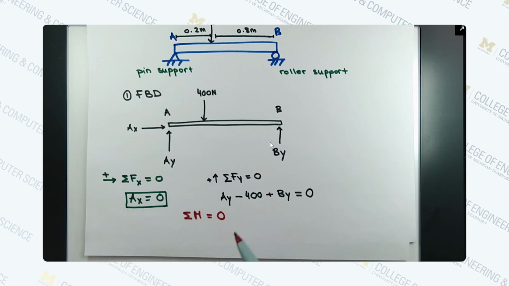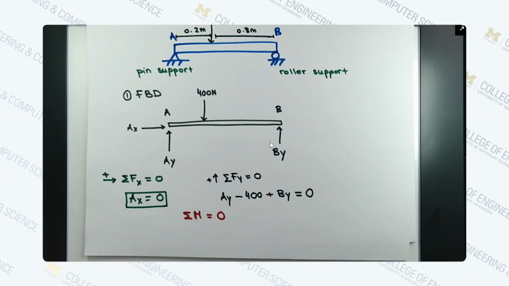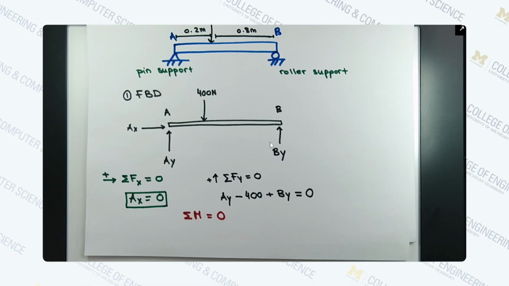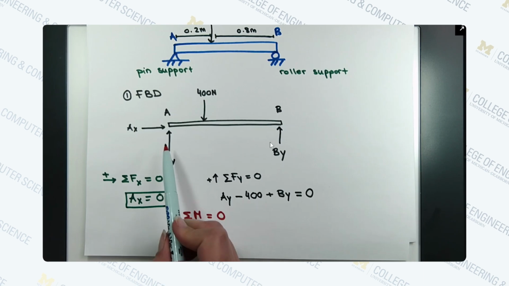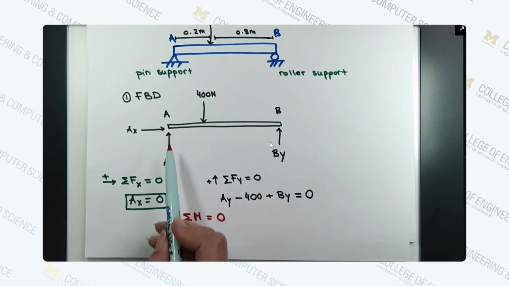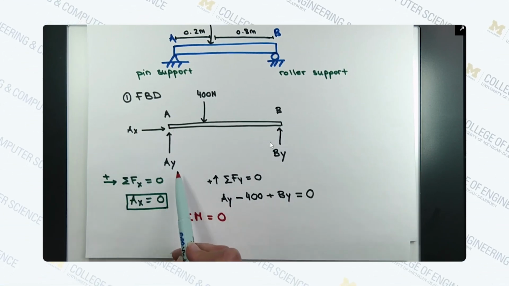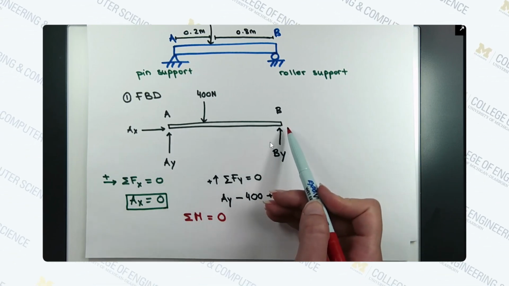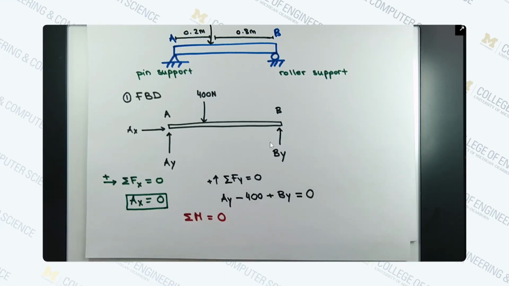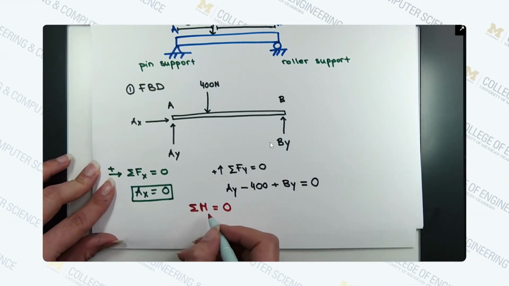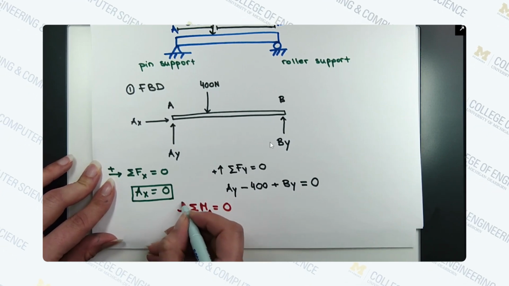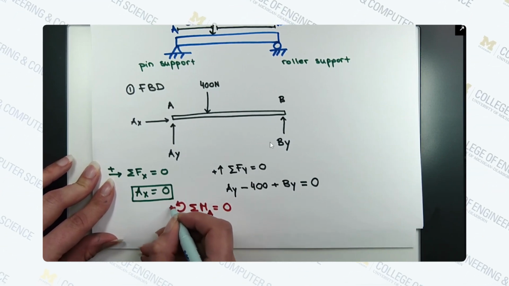That is because at that point, those forces will not contribute to the moment, so they will just be equal to 0. As we can tell from this free body diagram, that is point A because we have AX and AY. We could easily choose B as well, but for this example, we will just choose A. So the sum of moments about A, and we will take the counterclockwise direction to be positive.